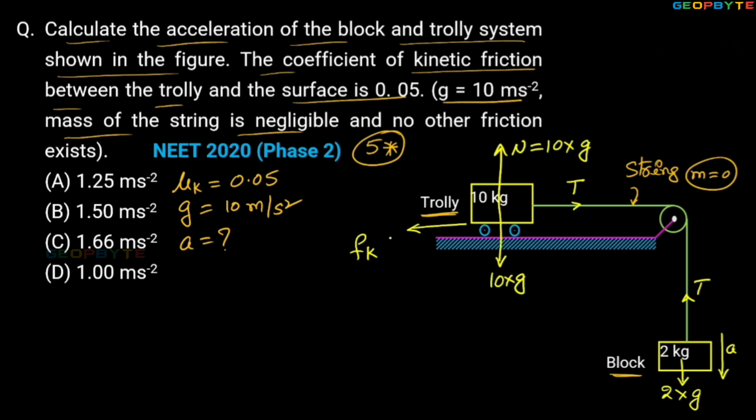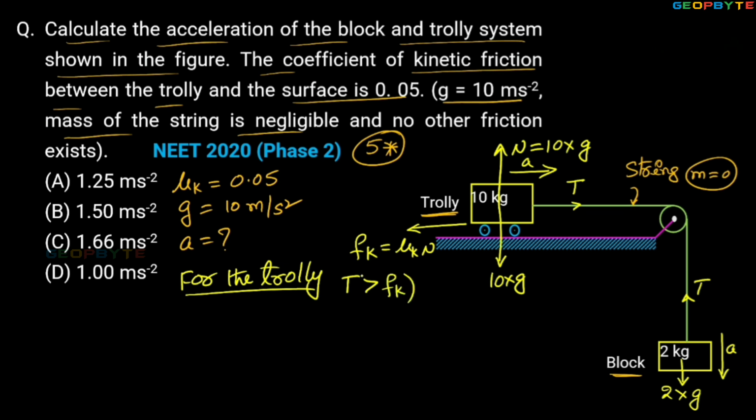Then kinetic friction equals mu k, the coefficient of kinetic friction, multiplied by N. Now, first let us take the trolley. Since the trolley is moving in this particular direction, here T is more than the kinetic friction. Therefore, T minus kinetic friction must be equal to the mass of the trolley, that is 10 times the acceleration.